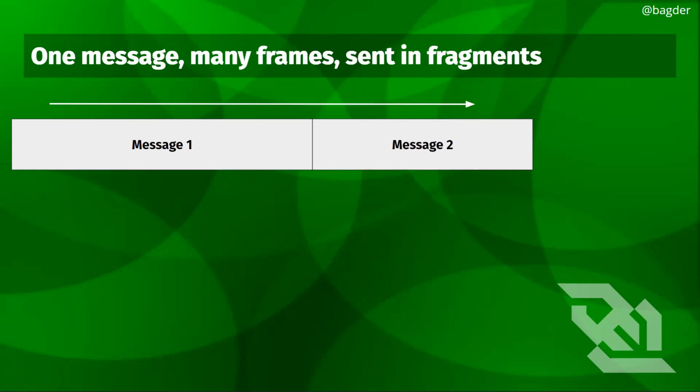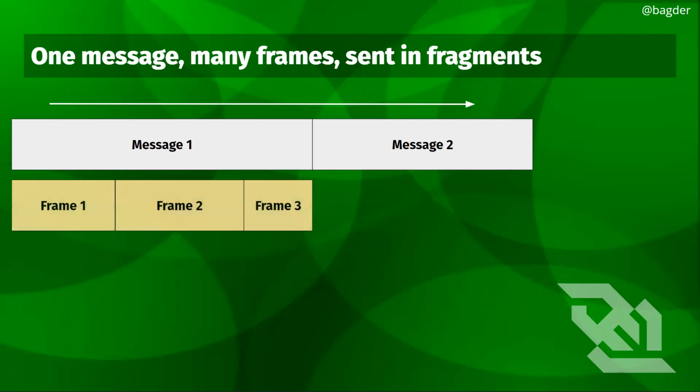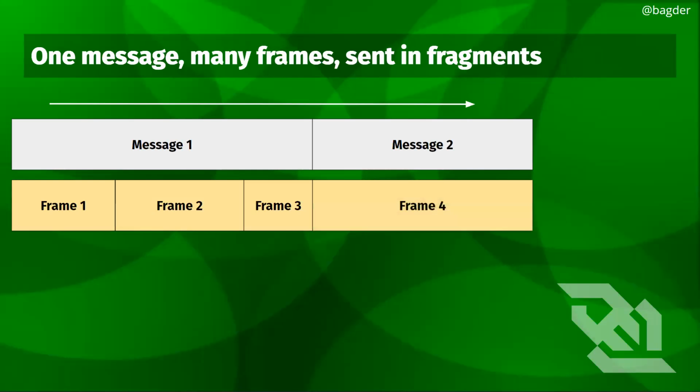So it depends on what the client and the server agree on. But a message can consist of a number of different frames. A message is split up into a number of frames. It could be 1 frame, could be 3 frames, or any number of frames, really. I'm just trying to illustrate that the message is split in multiple frames.